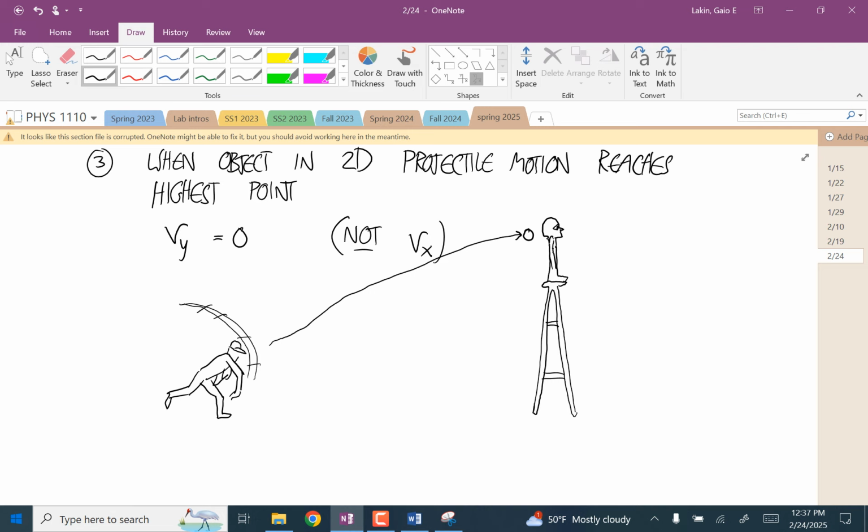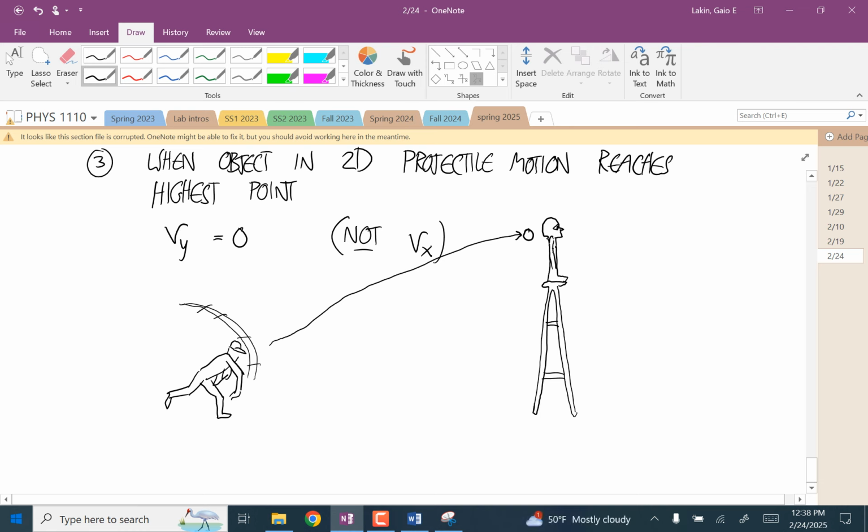But what really happens is this person throws that ball with some horizontal component of velocity and some vertical component of velocity. The horizontal component is, say, 80 miles an hour, okay? The vertical is 10 miles an hour, something like that. And the vertical component will go from 10 miles per hour down to 0 at that point.